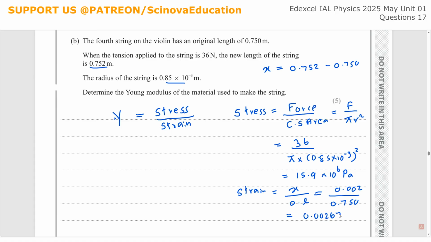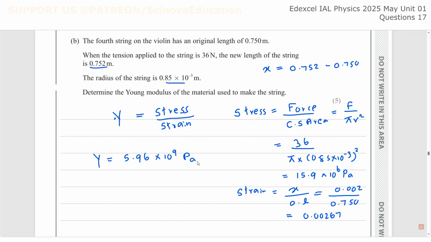Now we have obtained stress and strain values, and the Young's modulus can be calculated by dividing these two values. That would be 5.96 times 10 to the power 9 pascals. So we know that Young's modulus is given in pascals.